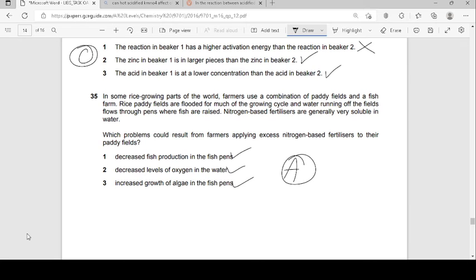Why? Because of what happens in eutrophication. You have excess nitrogen, so nitrogen seeps into the water body, whatever it is, a river or a stream, and so your algae growth increases, and a very thick algae layer forms rather than the thin layer there was before. Since you have a thick layer of algae, sunlight has stopped reaching the bottom, and so plants and animals start dying out because plants are unable to photosynthesize.